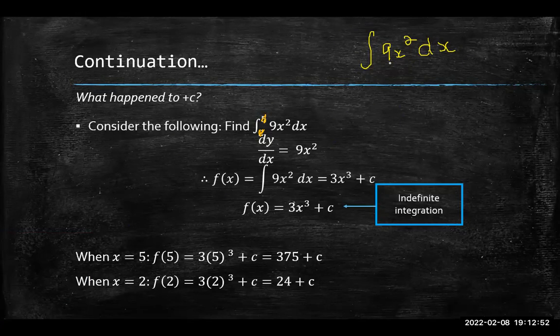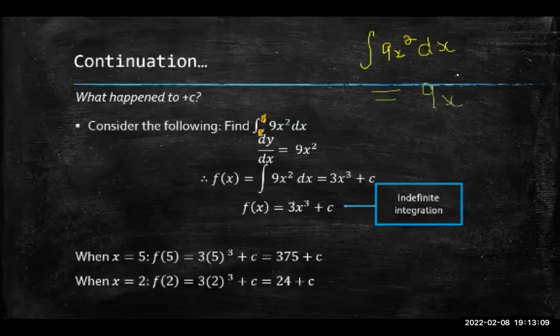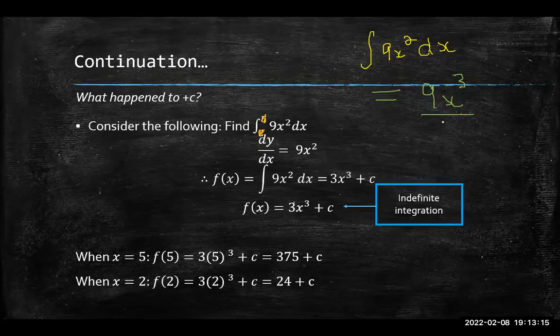If I give you this right here, and I ask you to integrate 9x squared with respect to x, so applying your indefinite integration rules, right? You would tell me that this is 9x cubed on 3 plus c.